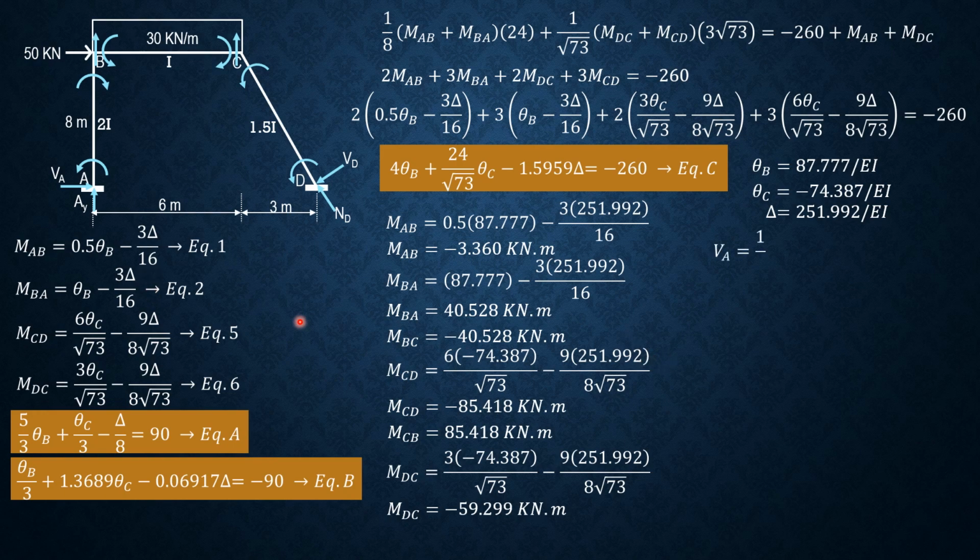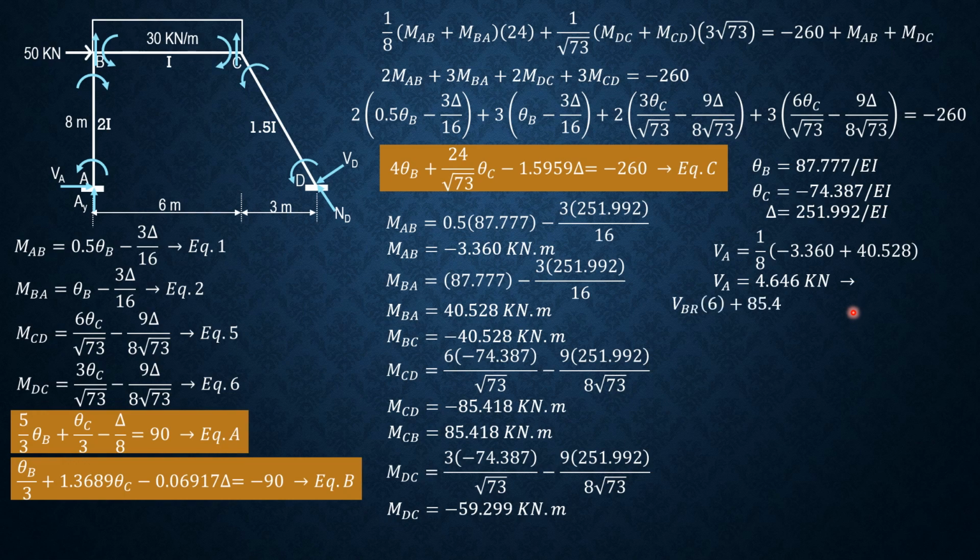So VA is equal to 1 over 8 of MAB, which is negative 3.36. Then MBA, 40.528. Shear at A, therefore, is 4.646 kilonewtons rightward.